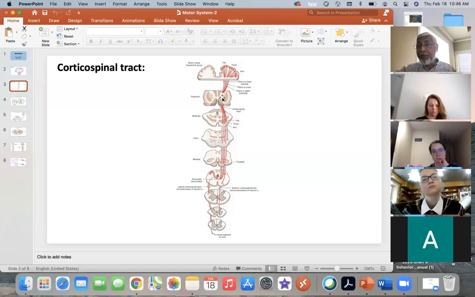Now, that makes it pretty risky, because if you have a stroke in this area, damage to a small blood vessel, only a small area, damage to a small area of the brain, the posterior limb of the internal capsule, the whole corticospinal tract will be damaged. And there are about 1 million fibers of the corticospinal tract coming from the cerebral cortex. All 1 million fibers are bundled together as they travel through the posterior limb of the internal capsule.